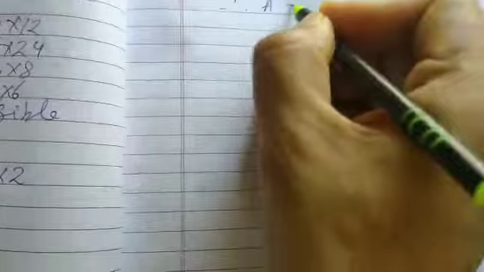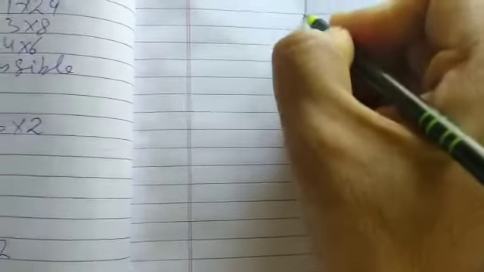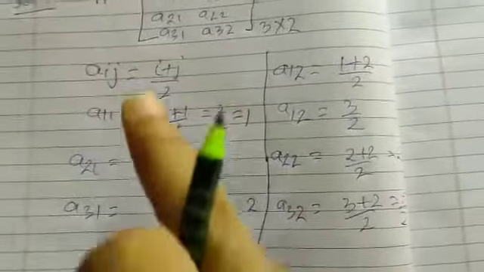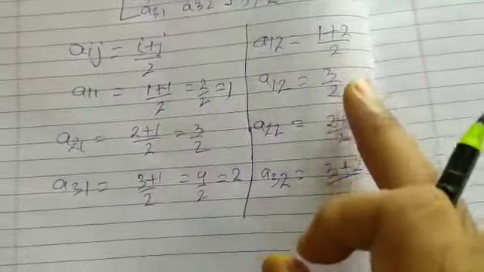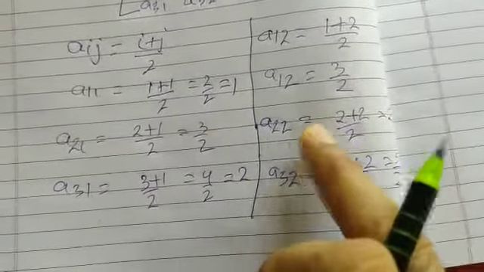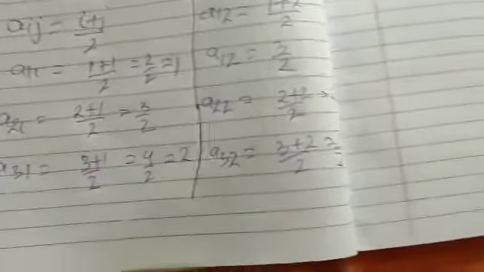Therefore A equals, now we'll write down all the elements which we have obtained: A11, A12, A21, A22, A31, A32.